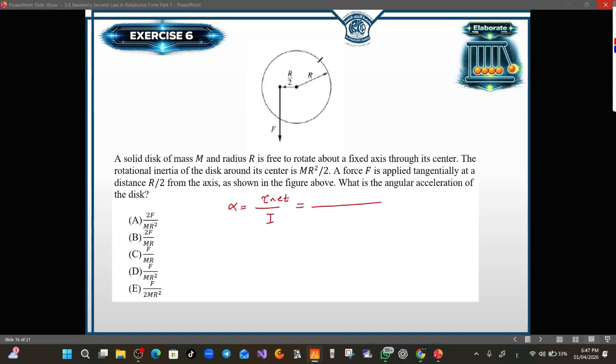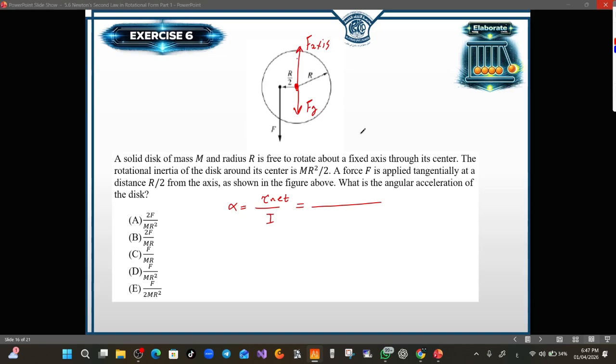Now, how many forces are acting here? We have the tangential force, we have the reaction from the axis, and the gravity. However, these two forces have no torque because the line of action of these two forces passes through the pivot. So the rotational effect due to these two forces will be cancelled.